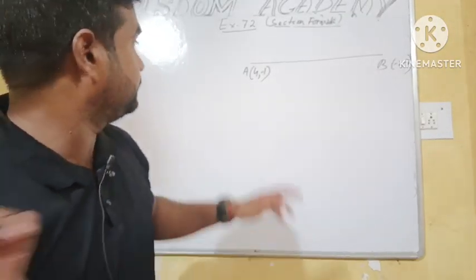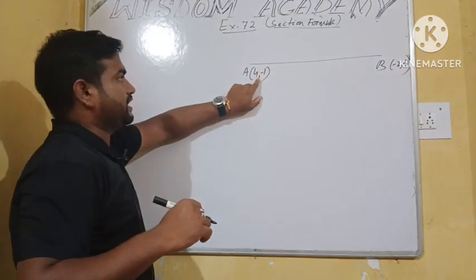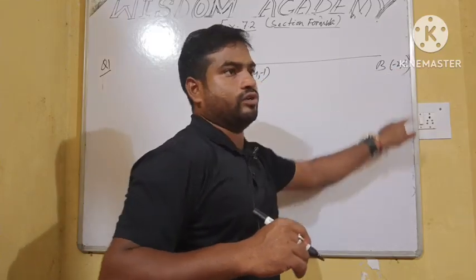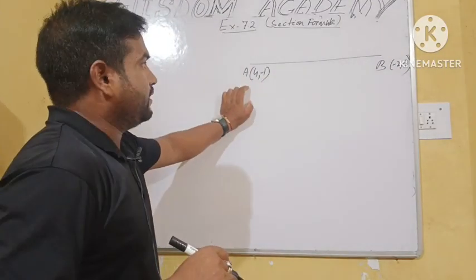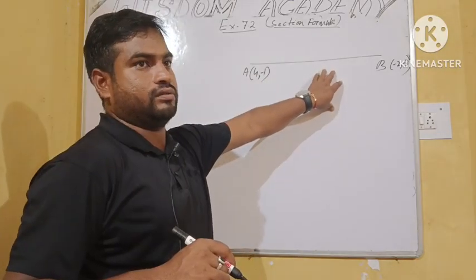Look at this. AB is a line segment. The coordinate of A is given as (4, -1) and the coordinate of B is (-2, -3). We have to find the points of trisection.